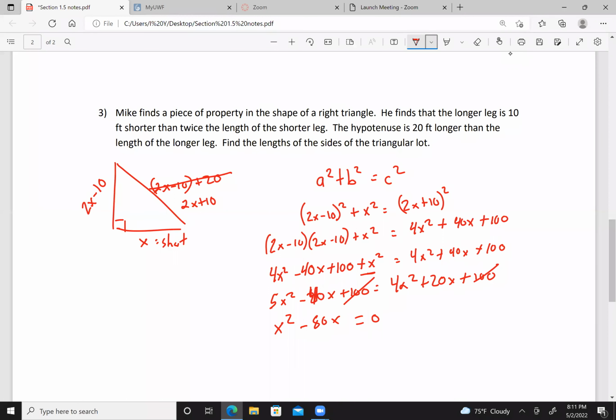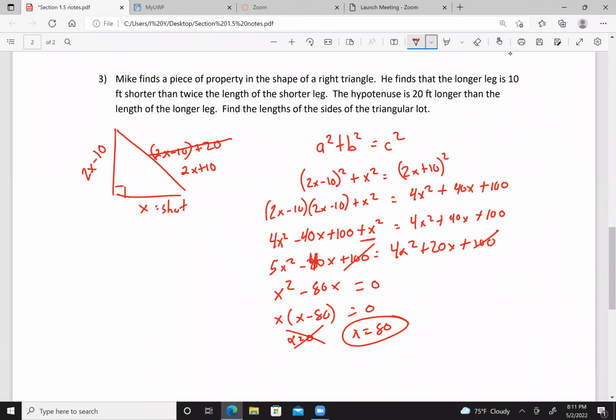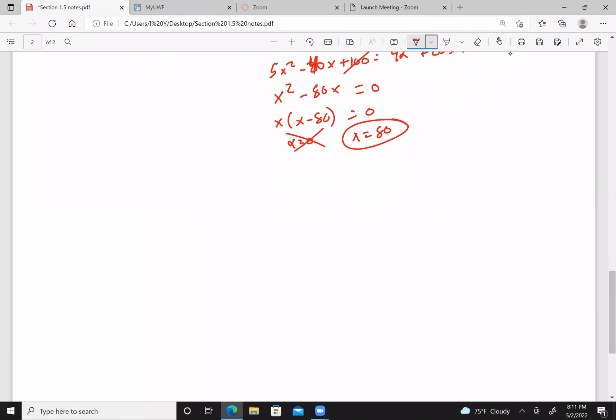So now I have x times x minus 80 equals 0. So x equals 0 or x equals 80. Now, we're talking about a measurement, so I can't have a triangle with a side of 0. So 80 is the solution.